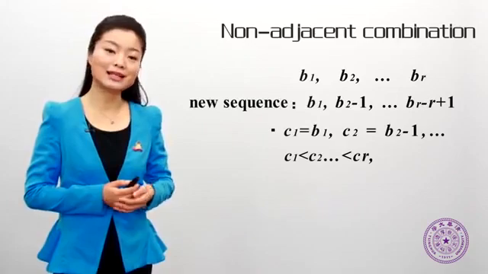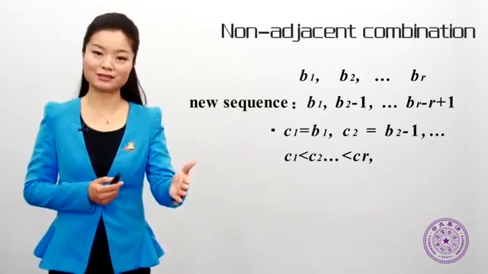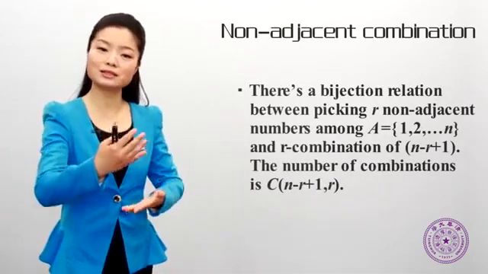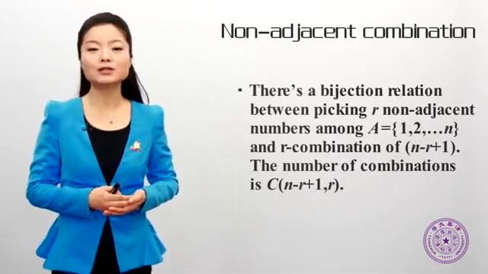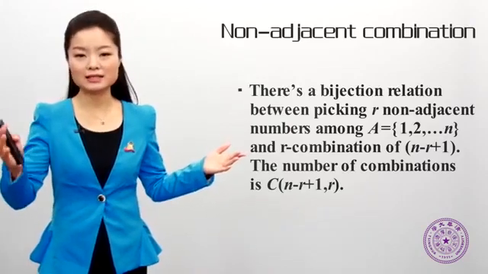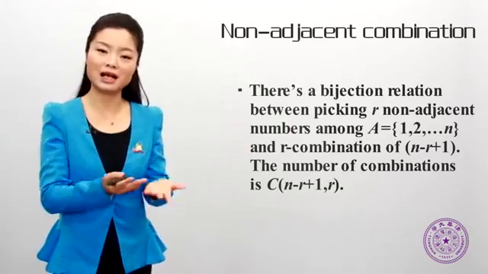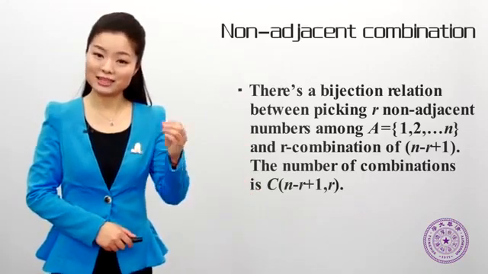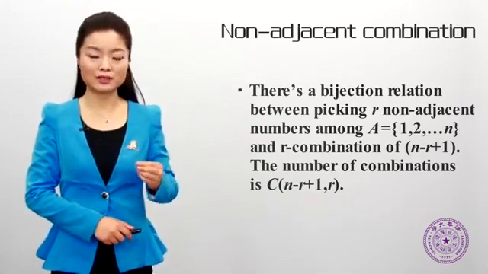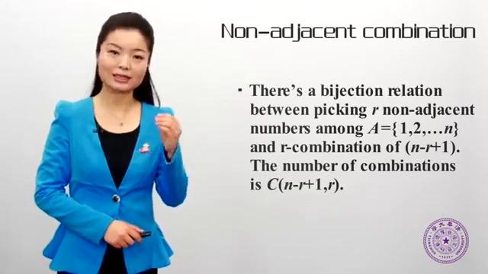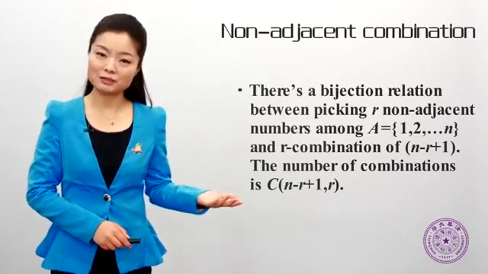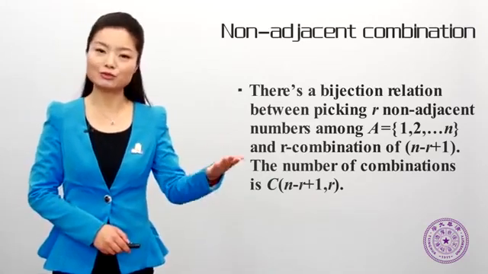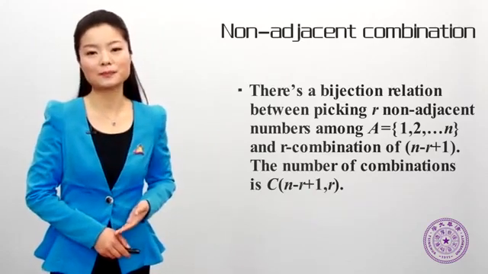We could prove that for sequence C, C1 is less than C2, C2 is less than C3, until CR. So by subtracting the index number, we've constructed an R-element ascending sequence in the range from 1 to n minus R plus 1. So actually, non-adjacent combination corresponds to C(n minus R plus 1, R). For the detailed proof, we could use the bijection method to give the corresponding sequence. Here, we will skip it.